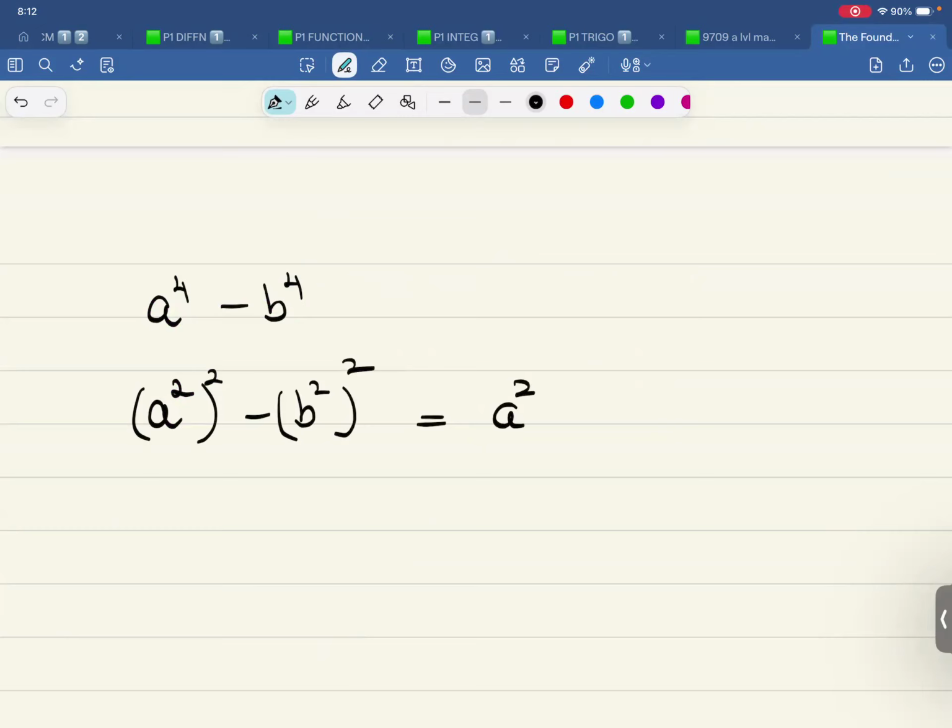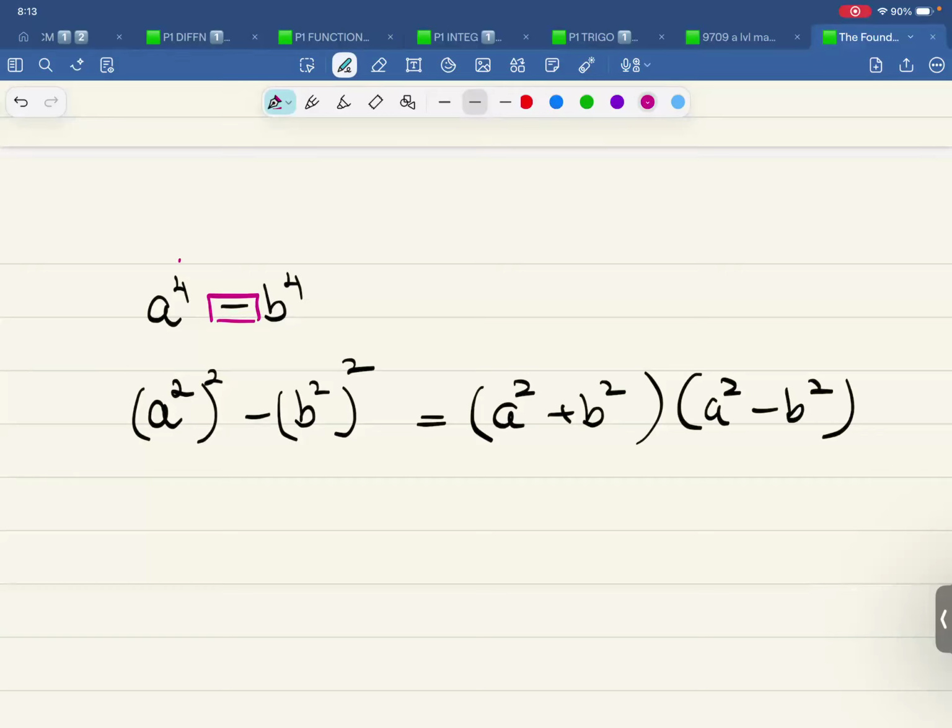That would be a square plus b square, a square minus b square, because it also fulfills the category of difference of two squares. This is a square being squared. This is b square being squared. So that is a square plus b square, a square minus b square.